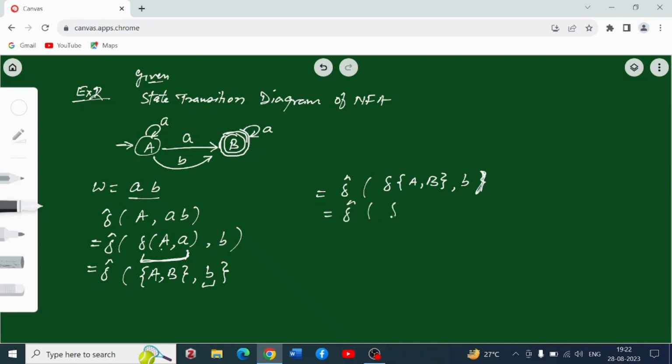what we will do is take the first state and the input symbol b, and then find the union with the second transition. The state is B and the input symbol is small b.